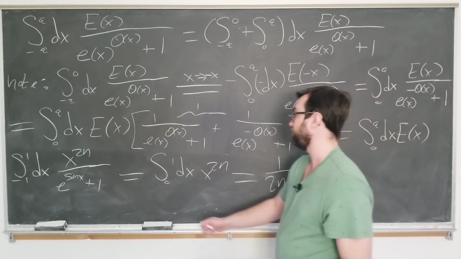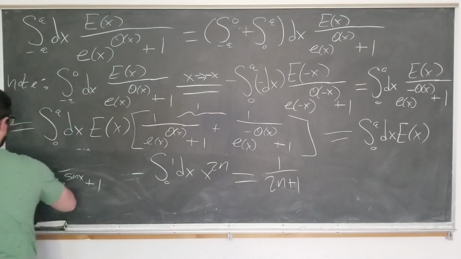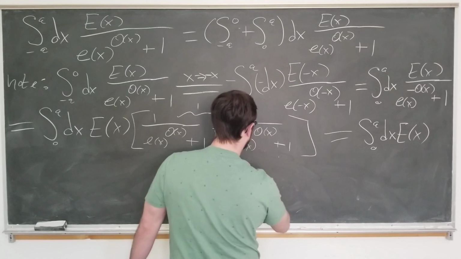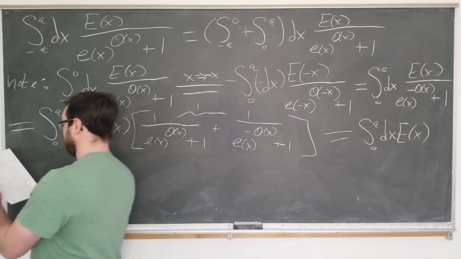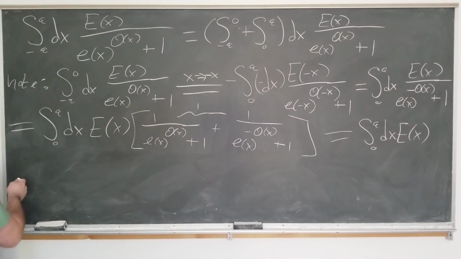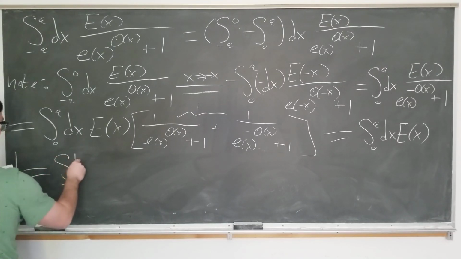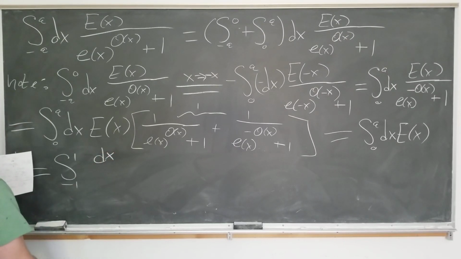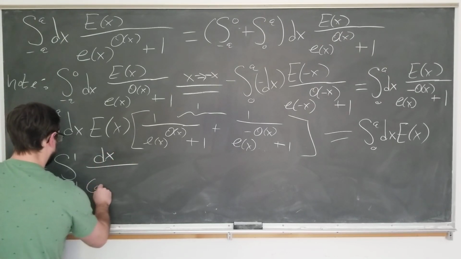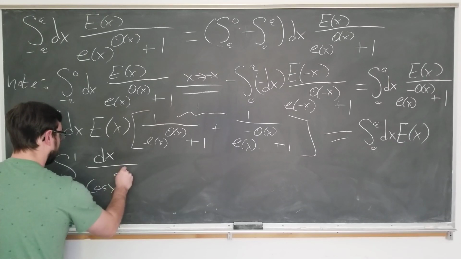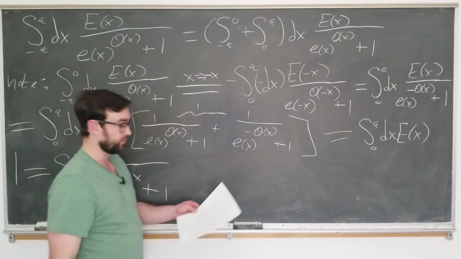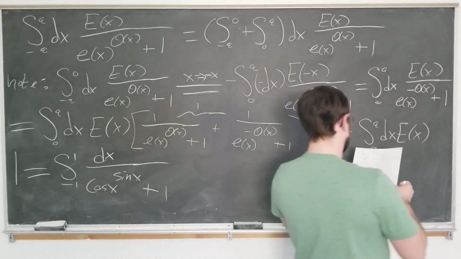Yeah, you can also do interesting things like have all the functions be transcendental. You can also evaluate integrals like 1 is now equal to the integral from minus 1 to 1 with respect to x of cosine x over e to the sine x plus 1. Pretty wacky integral. Pretty wacky.